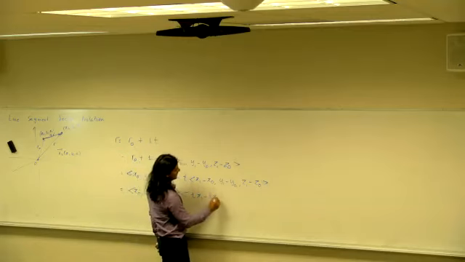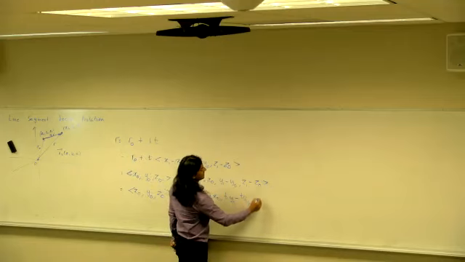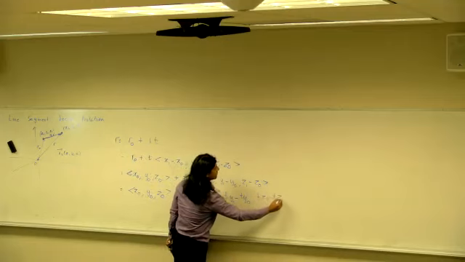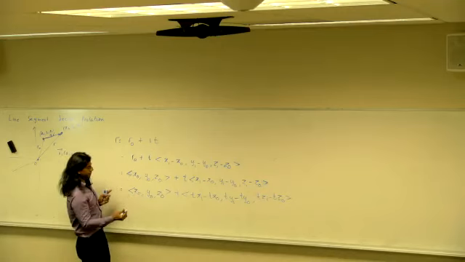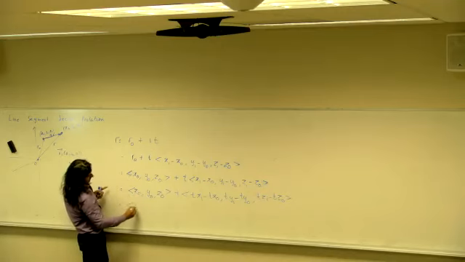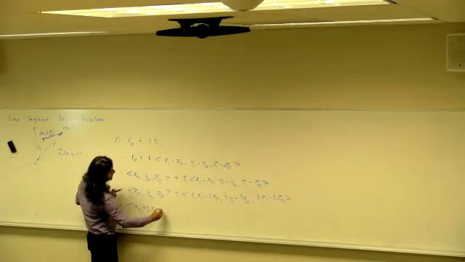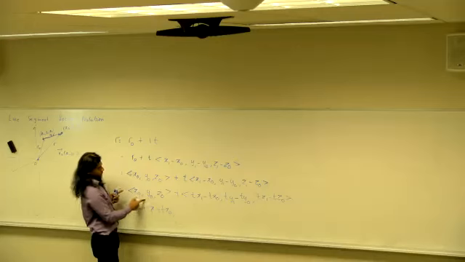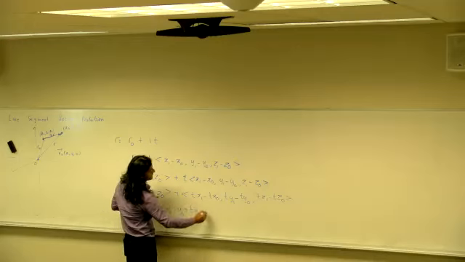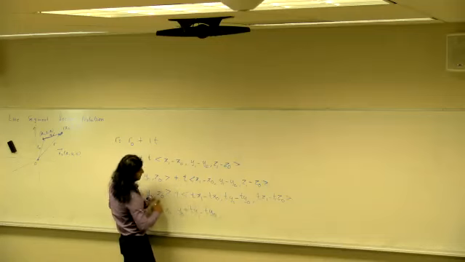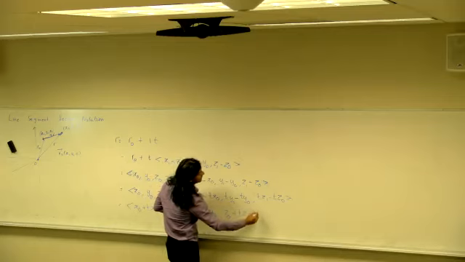Tx1 minus Tx0, Ty1 minus Ty0, Tz1 minus Tz0. Good. Combine the components. X0 plus Tx1 minus Tx0, Y0 plus Ty1 minus Ty0, Z0 plus Tz1 minus Tz0.